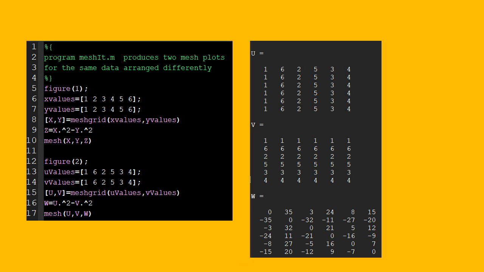It basically was using this 2 right here and this 2 right here to get 0 right here. So we can see that if U is 2 and V is 2, then W is 0.